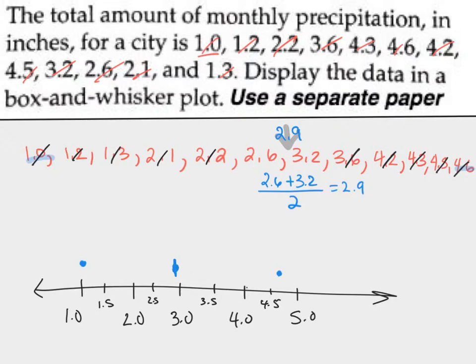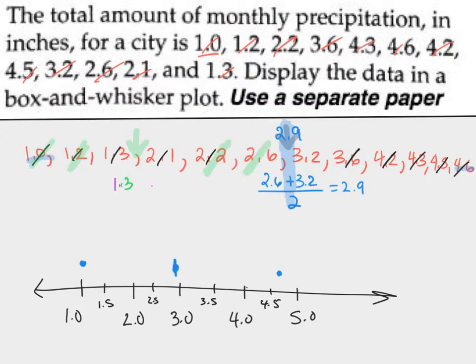Then I find the lower quartile, which is the middle of the lower half. Now, I like to make what I call the wall that separates it. 2.9 is the median that separates everything. Then you go from the outside in. So we're going to start looking for the middle of the lower half. So 1, 2, and it's going to be between 1.3 and 2.1.